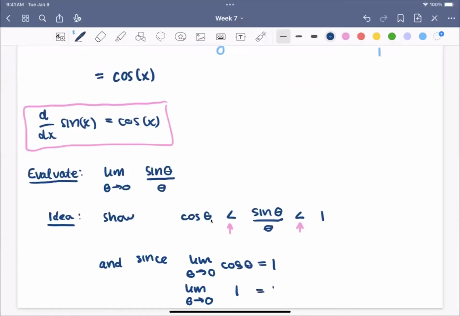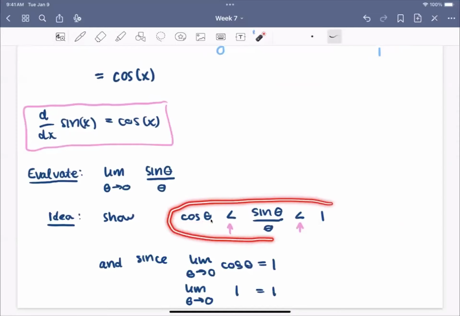Of course, that's equal to 1. So since these two limits agree, as theta goes to 0, this inequality is going to be satisfied for all values of theta, and as theta goes to 0, these two things become 1. So that means that this will also be forced to be equal to 1.